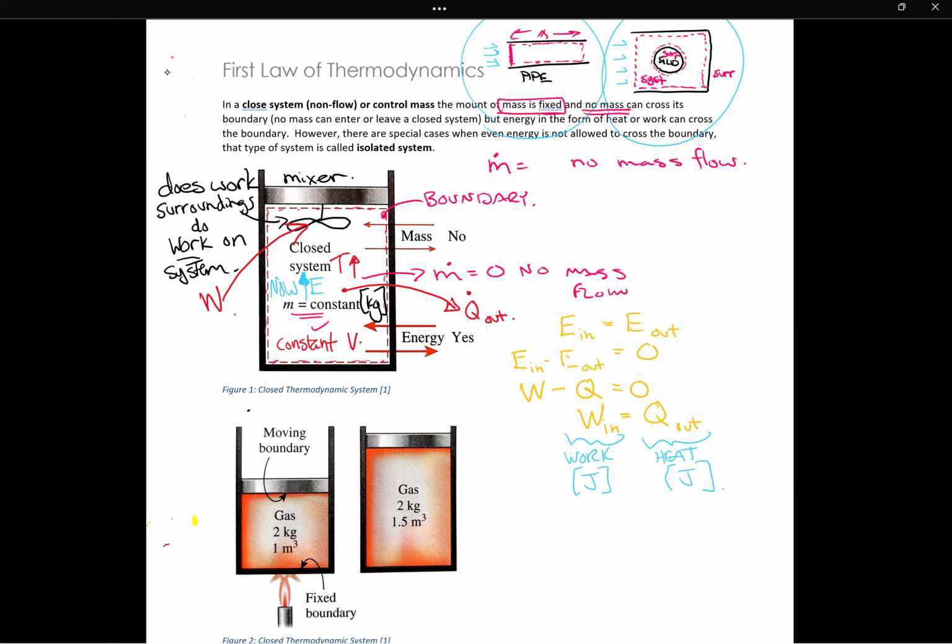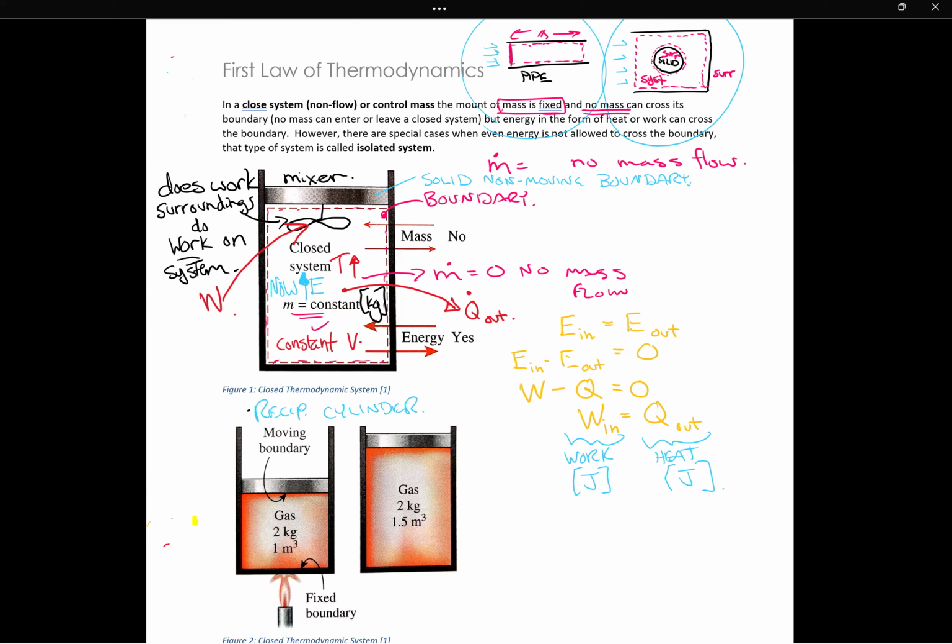So this one was a solid, non-moving boundary. Far more interesting is a moving boundary, like a reciprocating cylinder.